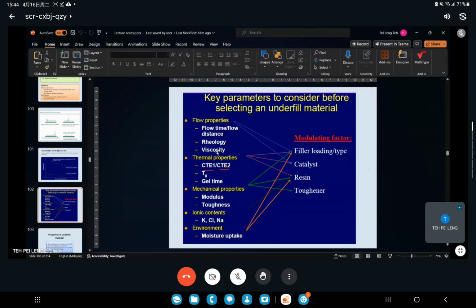Other than viscosity, there must be a table, a set of properties. Other than flow properties, you must see thermal also, like Tg, gel time, and thermal expansion. All these properties you must compare between supplier A and supplier B, and then discuss why you choose that supplier.